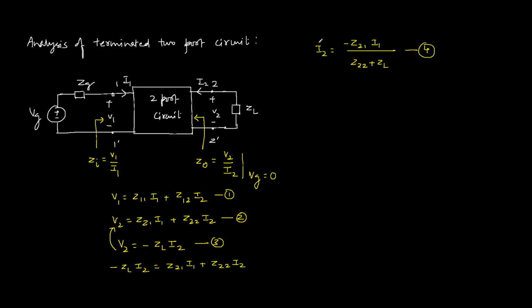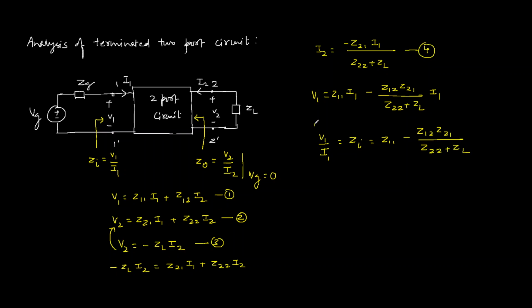Now substituting this I2 in equation 1, so the equation 1 becomes V1 equals Z11 I1 minus Z12 Z21 over Z22 plus ZL I1. So V1 by I1, which is input impedance, is simply Z11 minus Z12 into Z21 over Z22 plus ZL. So this is the expression for input impedance.